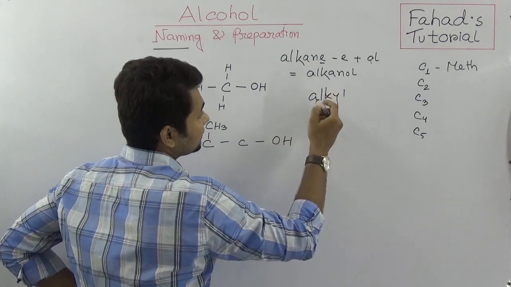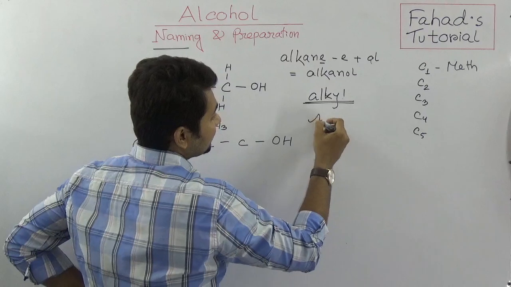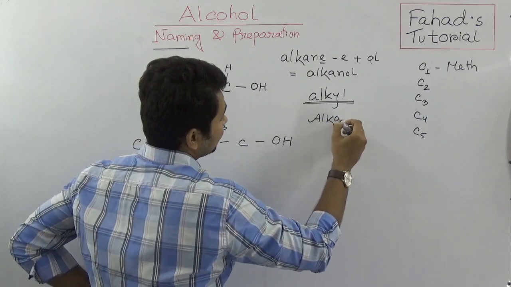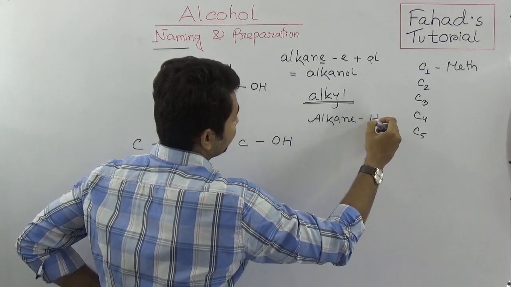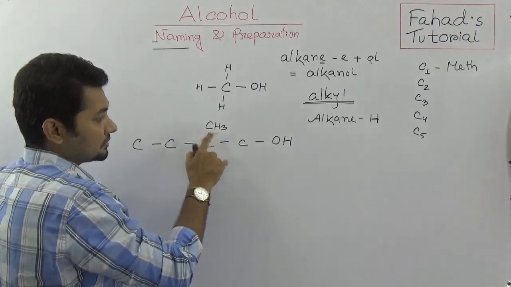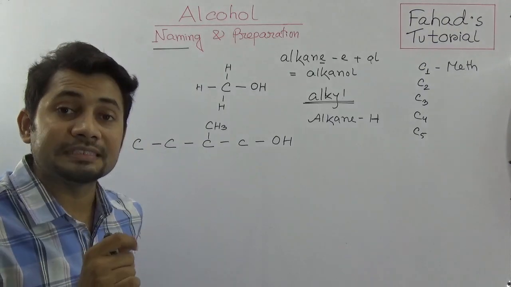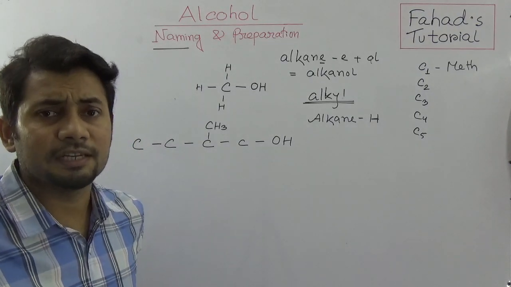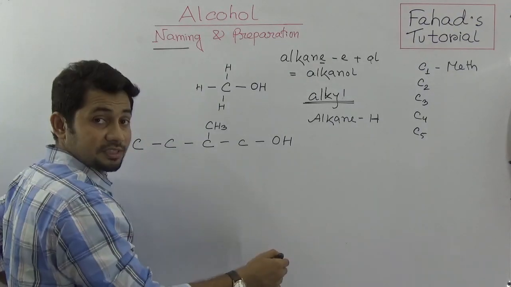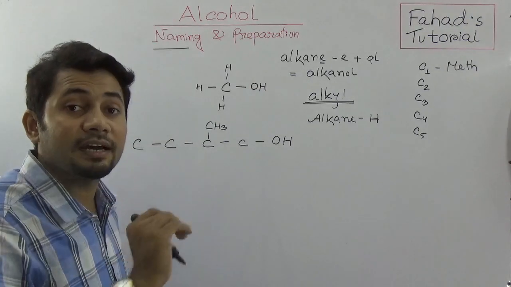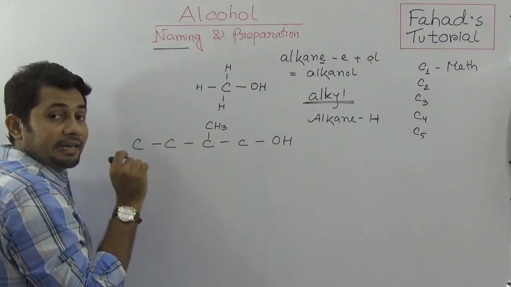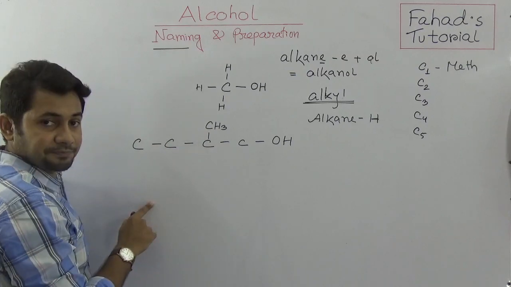Do you know what an alkyl group is? An alkyl group is that from an alkane one hydrogen is lost. So CH4 is methane, and according to this, as CH3 is an alkyl group, this is methyl group. If there are CH2, CH3, then this is ethyl group. Now one methyl group is added.